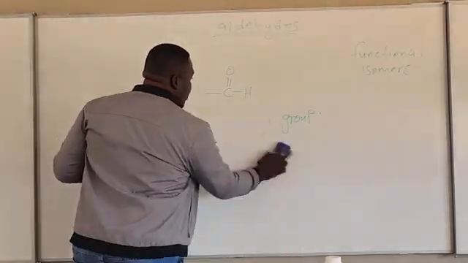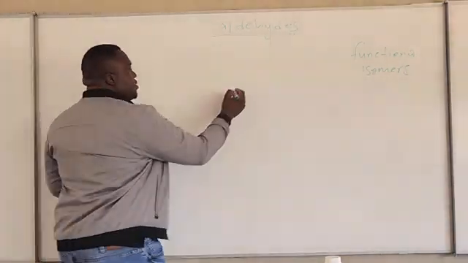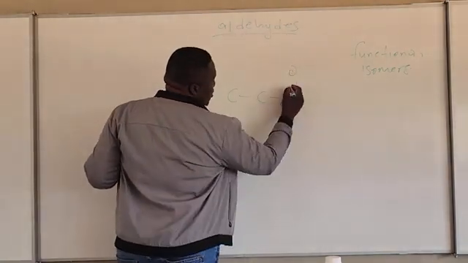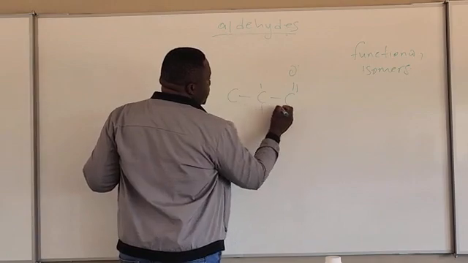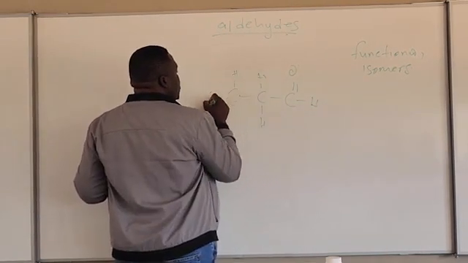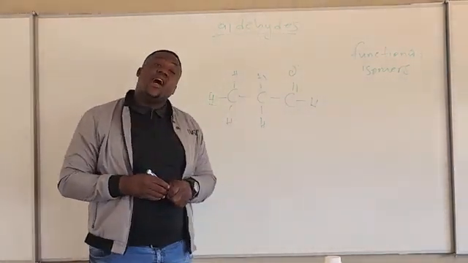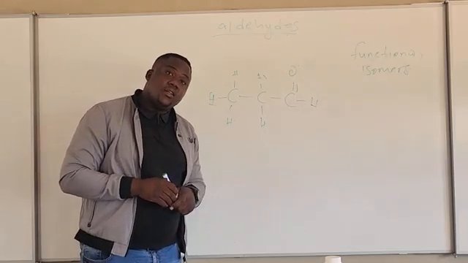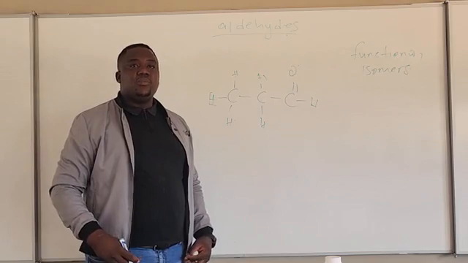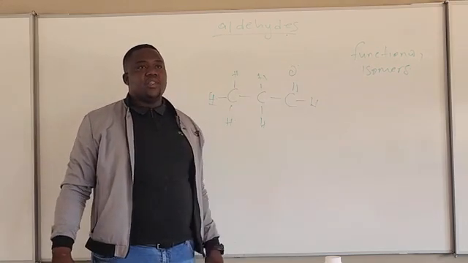So now, let me erase. Let's say I draw this: 1, 2, 3. Can you see this? This one is an aldehyde. How do we see that it is an aldehyde? It has got a carbonyl group. Carbonyl group means a double bond oxygen and a carbon.